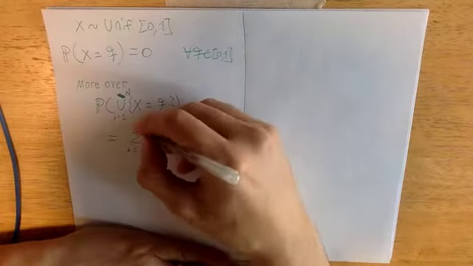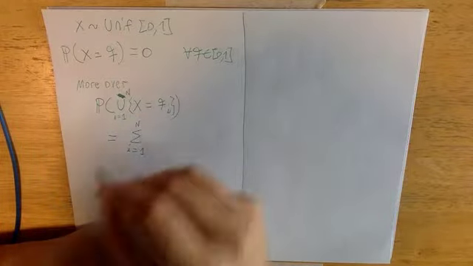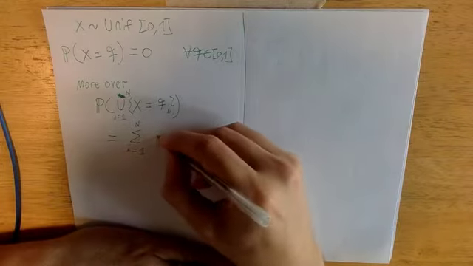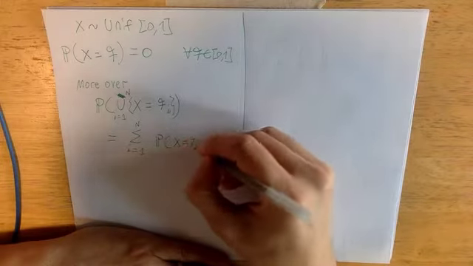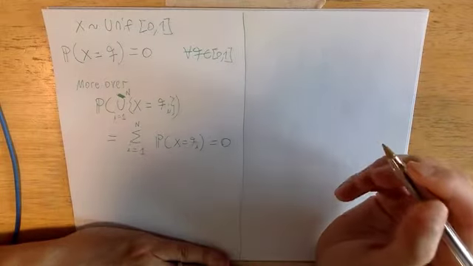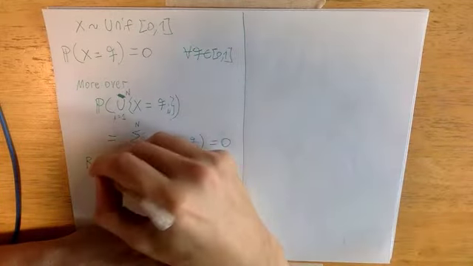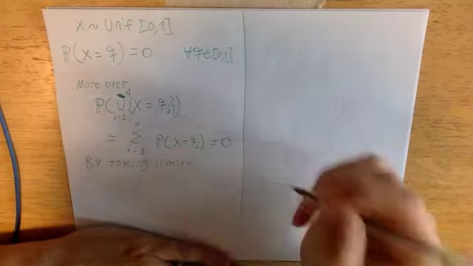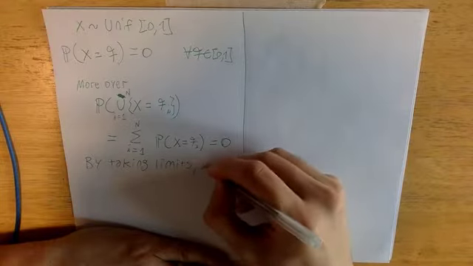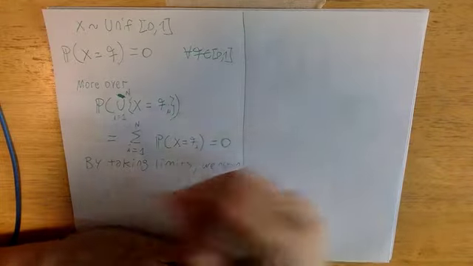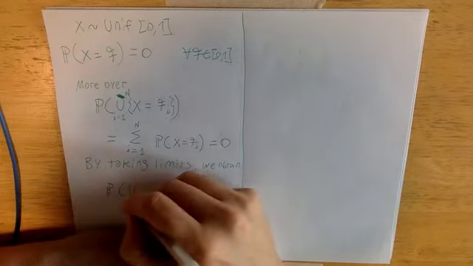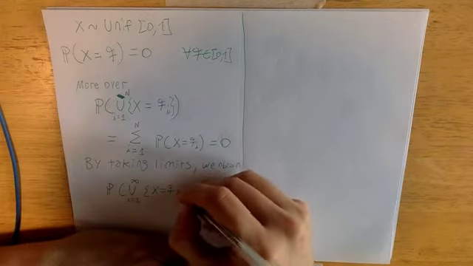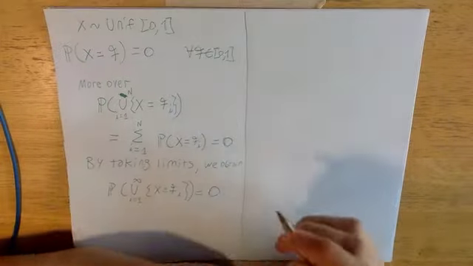So this is exactly equal to the sum from i equals 1 up to n of the probability that x is equal to q_i, which is equal to 0. So by taking limits, we obtain that the probability of the union from i equals 1 up to infinity of x equals q_i is equal to 0.